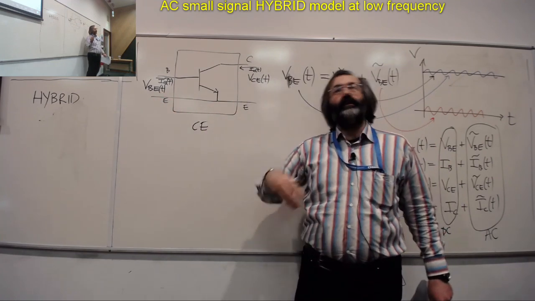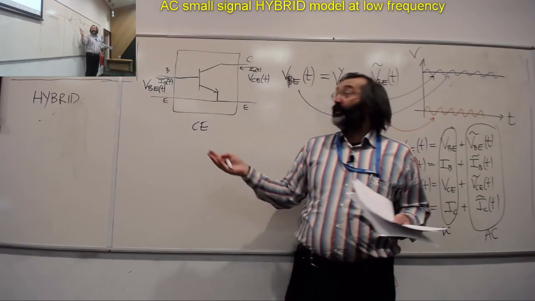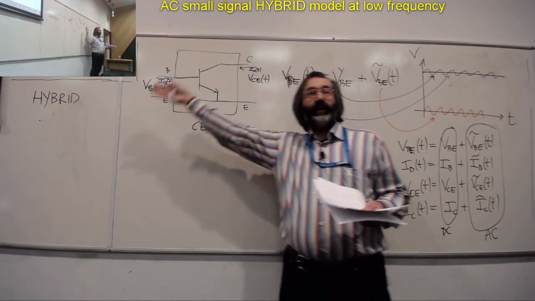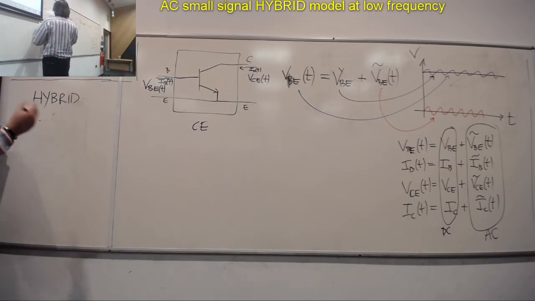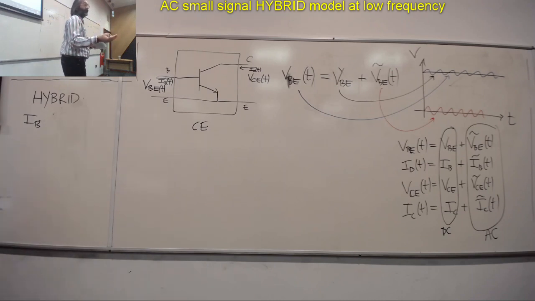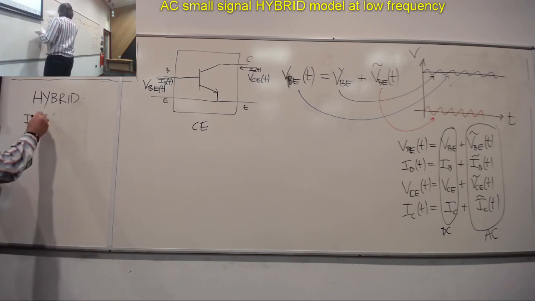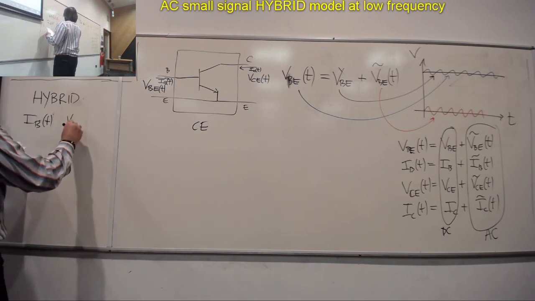We will pick one voltage and one current, one quantity from the input port and one from the output. In the hybrid model, what we pick as independent variables is IB, how original. We've said that IB is very important, isn't it? So we will pick IB as our independent signal, and VCE.